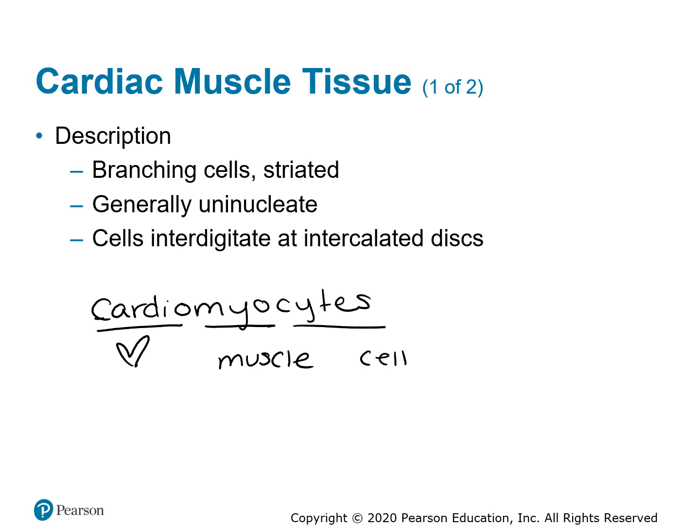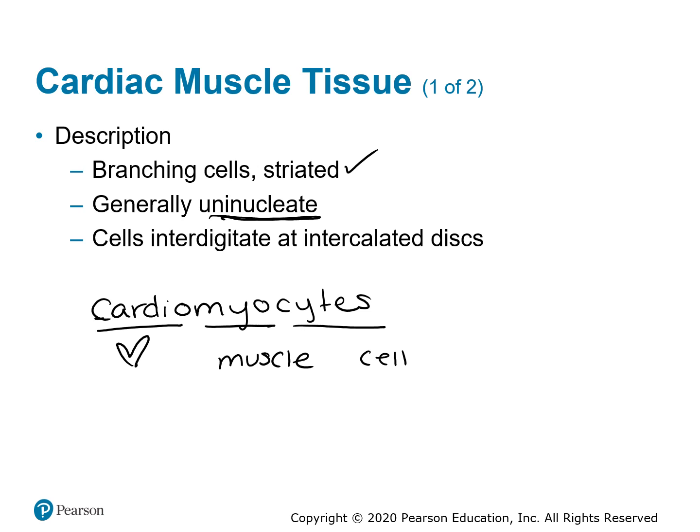Heart muscle cells, exactly what they say they are. These cells are branching. They do have striations. They're not nearly as prominent as our skeletal muscle cells, but they do exist. They are generally uninucleated. They're not nearly as big and long as our muscle cells, so they don't need to have as many nuclei as our skeletal muscle cells do.